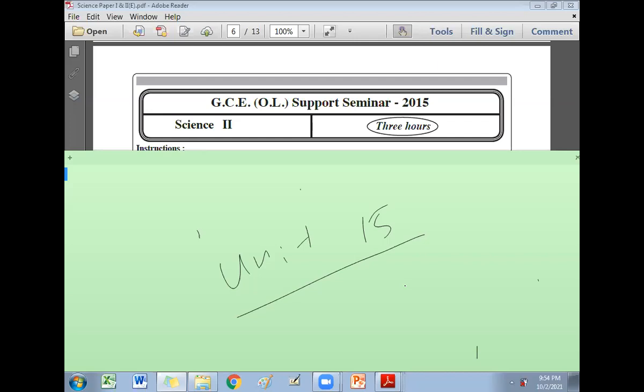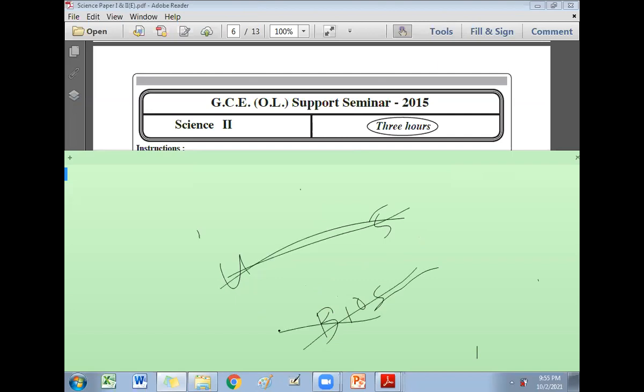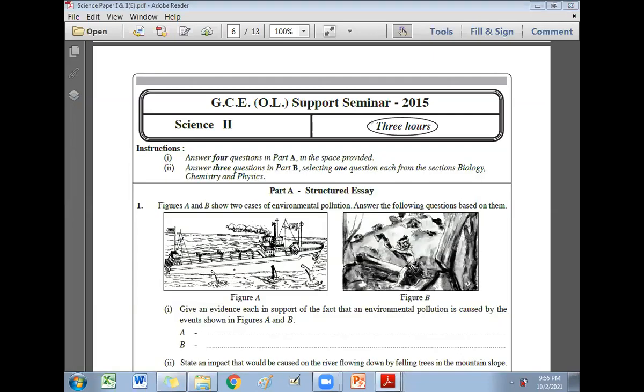I will discuss this later. All the support seminar papers, this question number 1, I will discuss after discussing chapter 15, right? Therefore, this is a compulsory question. Every year, O-level paper, from the biosphere lesson, in 15, the last lesson, you get the first compulsory question of your structured essay paper. First compulsory question of your structured essay paper.